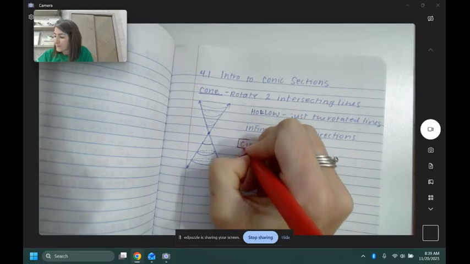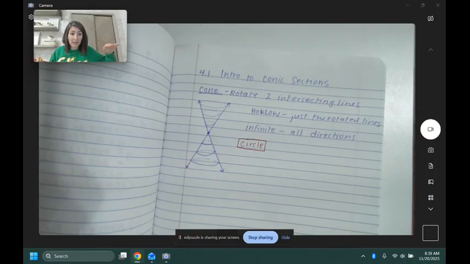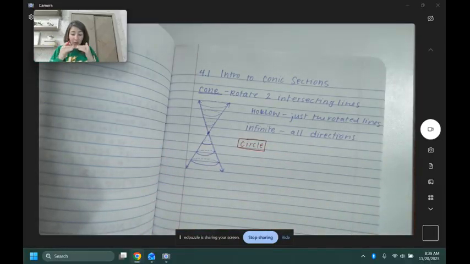So there are four different ways I can take a slice of this cone, and four different shapes I'd get depending on how I slice the cone. Okay, so when we're talking about a circle, I'm going to take a flat plane, imagine a piece of paper, cutting across this cone that is perpendicular to the base.